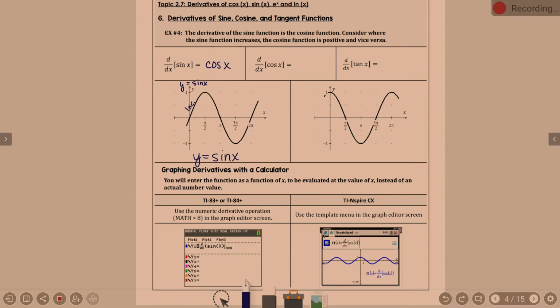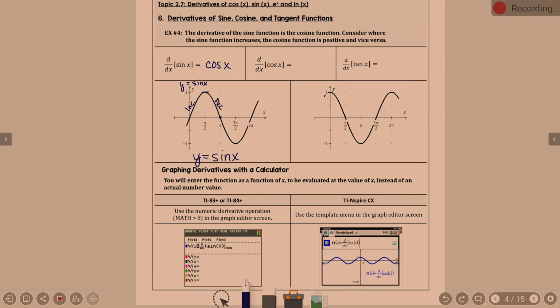And it's going up to about a max. What's going to be the derivative at this point? 0. Derivative is going to be 0. Then what's happening? Then my graph is decreasing. Right here, we do have a 0.